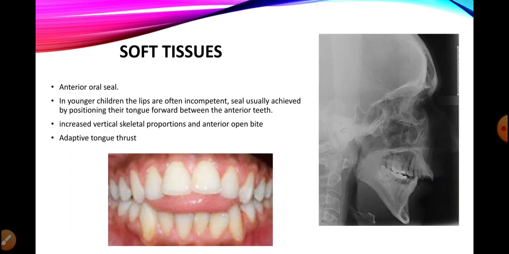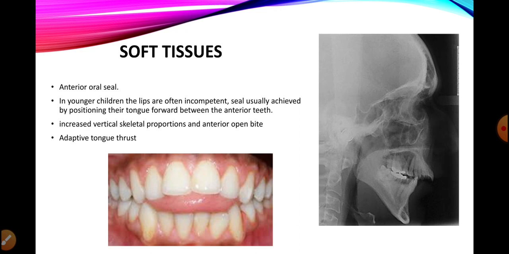So this type of behavior of the tongue to make a seal anteriorly in order to swallow because of anterior open bite is known as adaptive tongue thrust. The tongue is coming forward to make a seal for swallowing because the incisors are not meeting each other. This behavior is because of the anterior open bite, and usually it has a potential to revert to a normal swallowing pattern once the anterior open bite has been corrected.